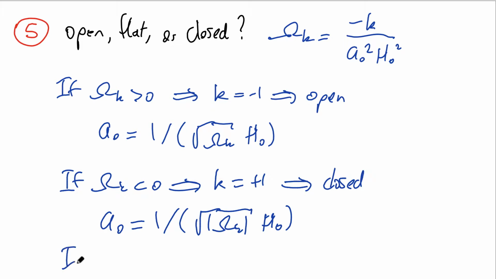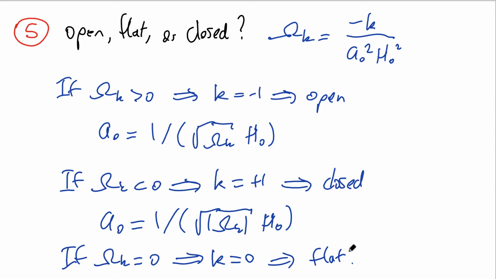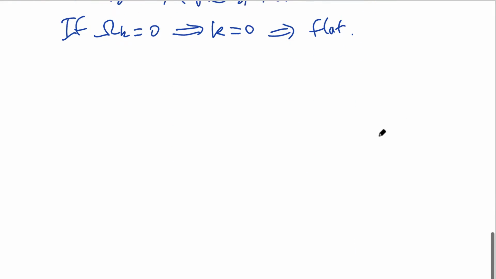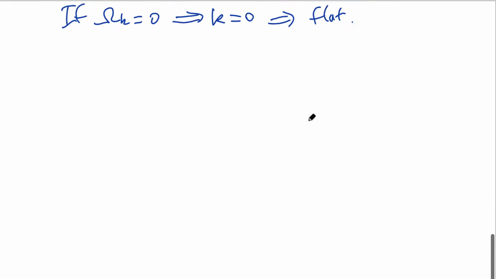And of course, if omega k is equal to 0, that tells us the k parameter is 0 and the universe is flat. Now in this case, we can't solve this equation for the present value of the scale factor a sub 0. And that's for good reason, because in the flat case, the present value of a doesn't have any intrinsic geometric meaning.